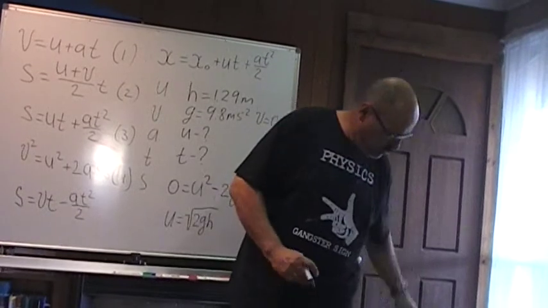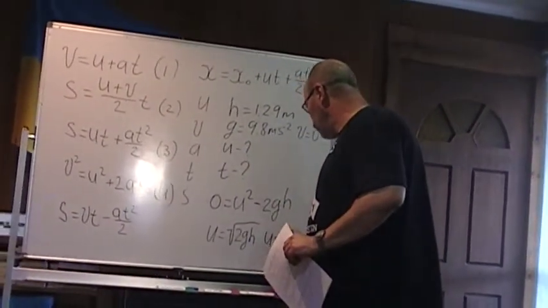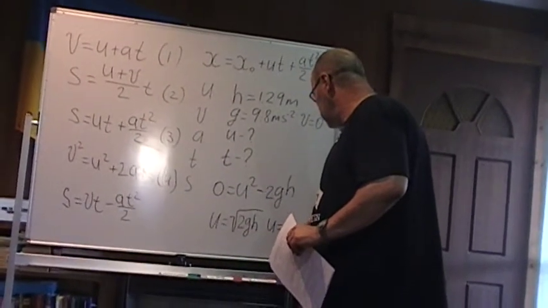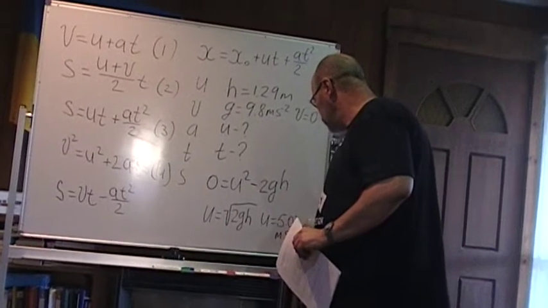Substituting values in the formula gives us a velocity of 5.03 meters per second.